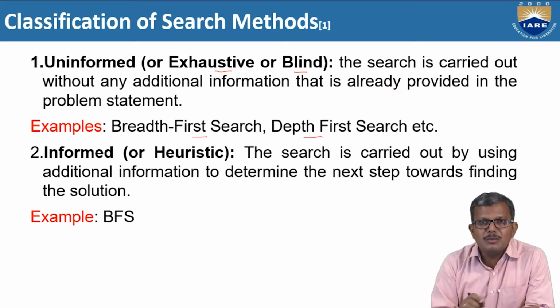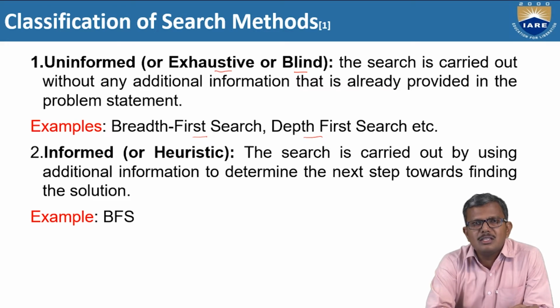But the problem that arises in uninformed search is that you cannot guarantee that you are going to reach the goal state. In uninformed search techniques, without considering additional information from the problem statement, if you go on searching the path between the points, you cannot guarantee that you are going to reach the goal state.